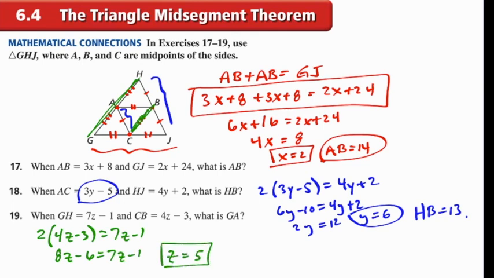So z is equal to 5. And they want to know what GA is. GA is half of the side of the triangle, which is congruent to CB. So GA is equal to 4 times 5 minus 3, which is 17.